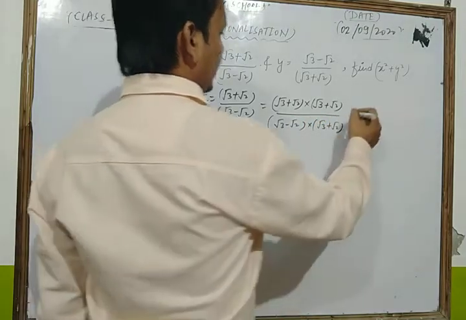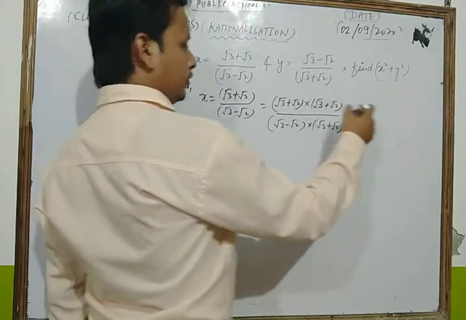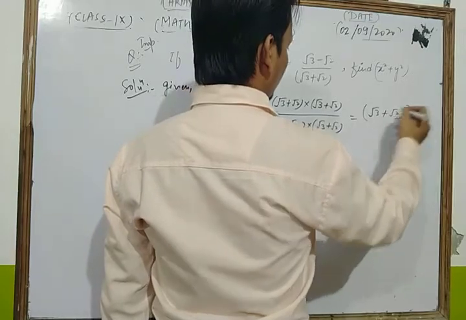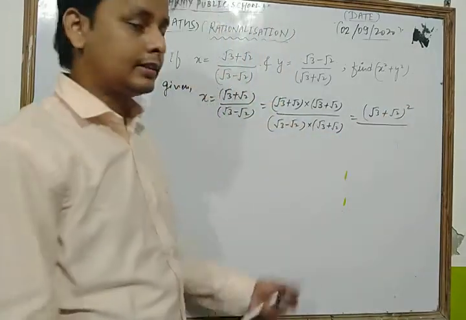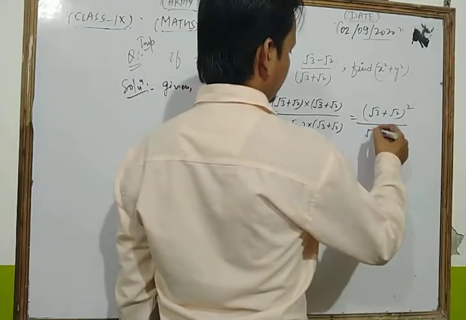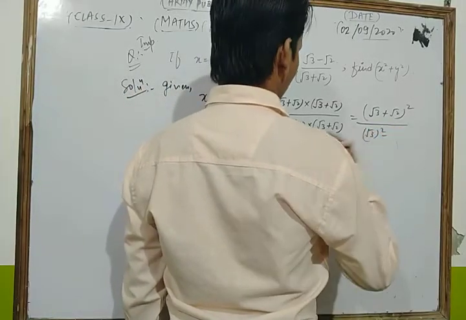Okay, now we get what? Here a plus b, so we write root 3 plus root 2 whole square. In the denominator, this is a minus b into a plus b, so we write a square minus b square, which is root 3 square minus root 2 square.